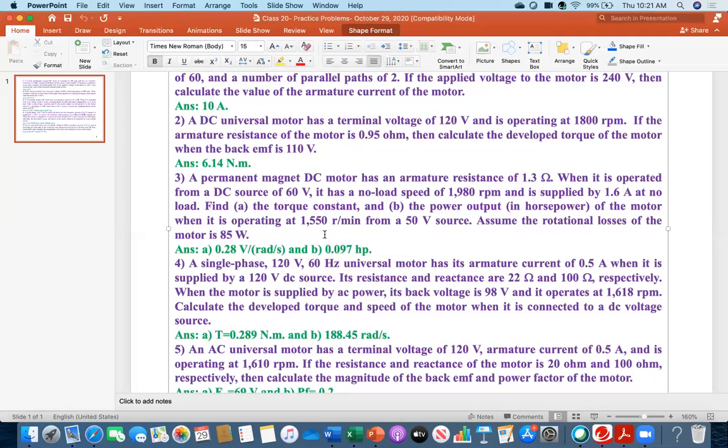You need the new armature current as well, because the output power equation is EB times IA, then minus the loss. All right, I got 3.5 for the current. Approximately, my calculation shows 3.47, but it looks like you're fine. So now use in that output power equation the new EB and the new IA, then minus the power loss, and then convert into horsepower by dividing by 746.